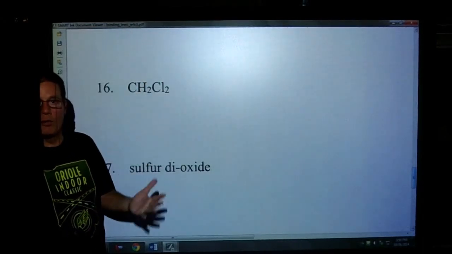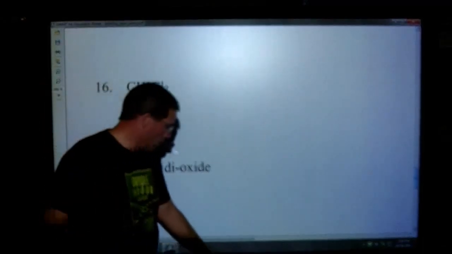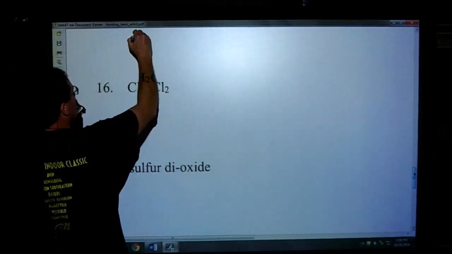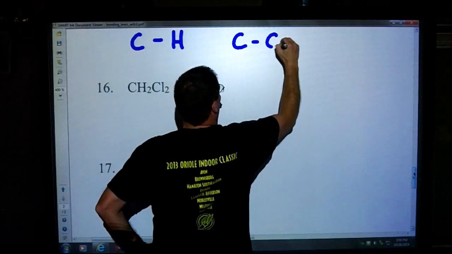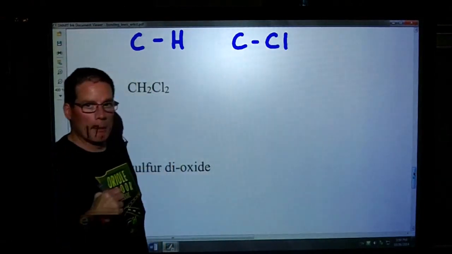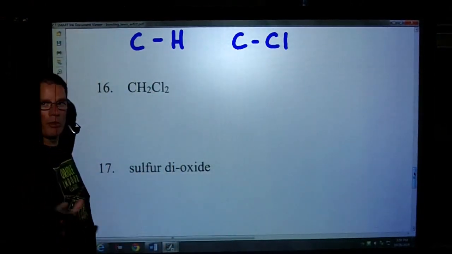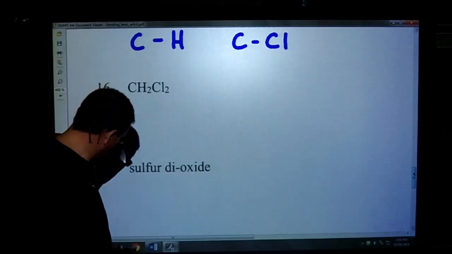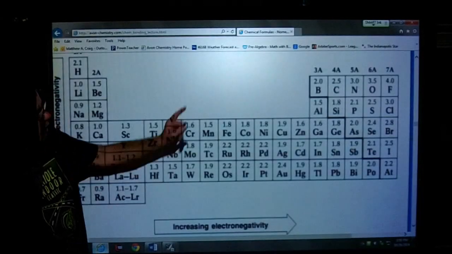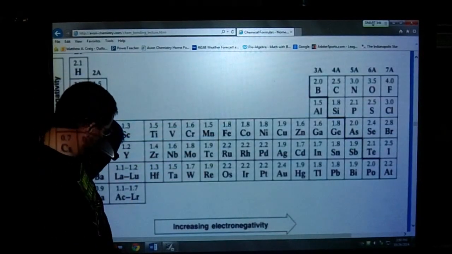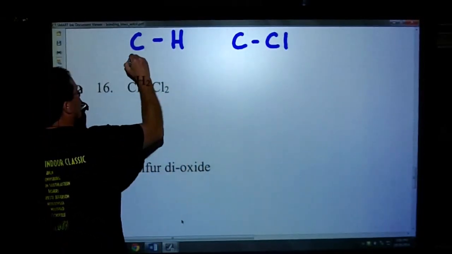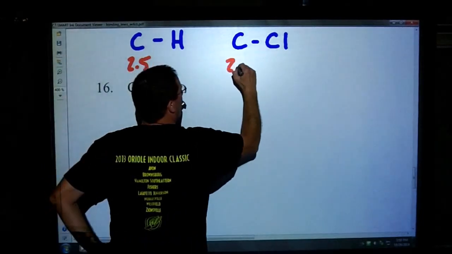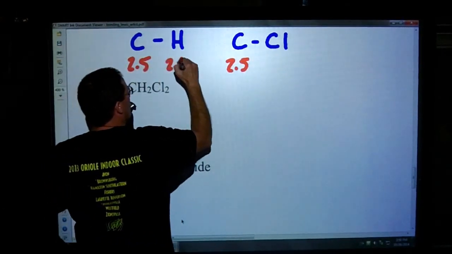So that means that we have 2 differences in the electronegativities. So, let's do it. We have a carbon with a hydrogen, and we have a carbon with a chlorine. Because we know carbon's going to be in the middle. You see something like this, carbon's always going to be in the middle. So let's find out the differences in the electronegativities. Carbon 2.5, hydrogen 2.1.